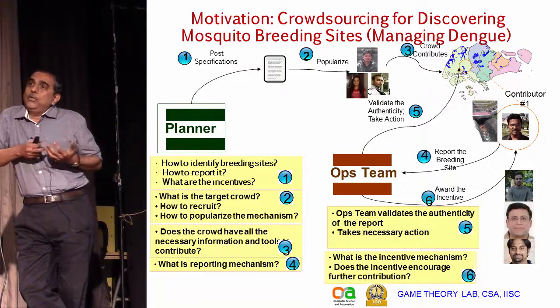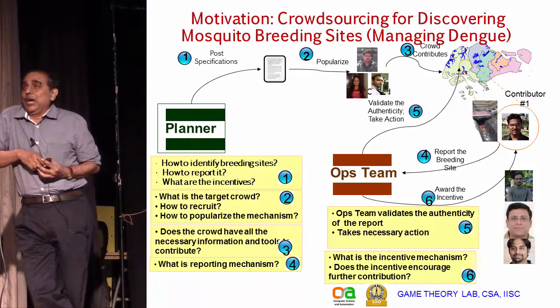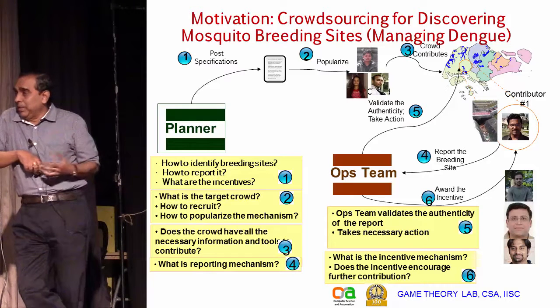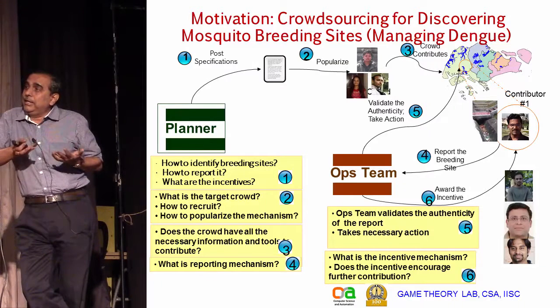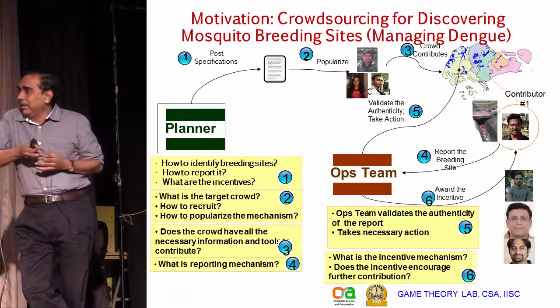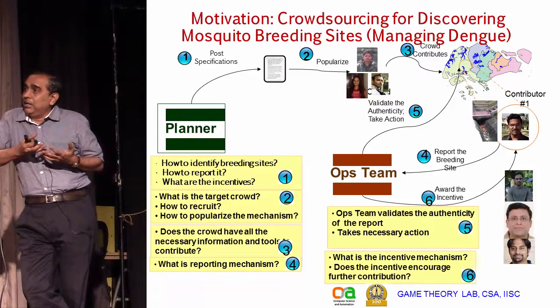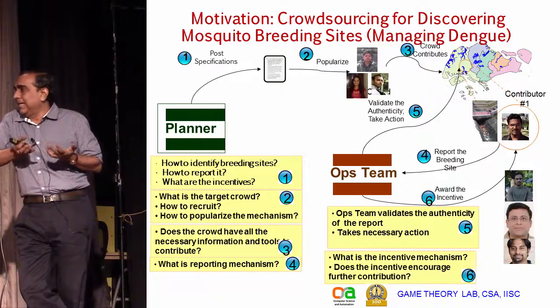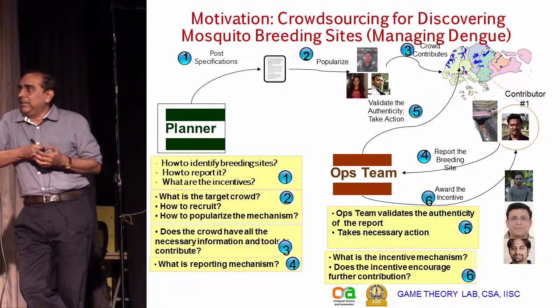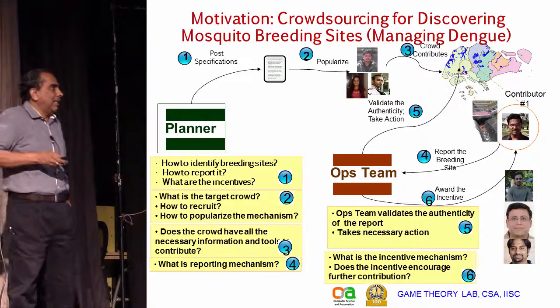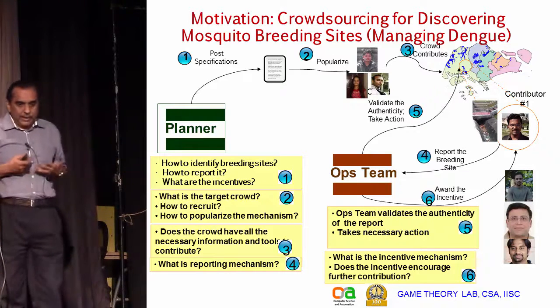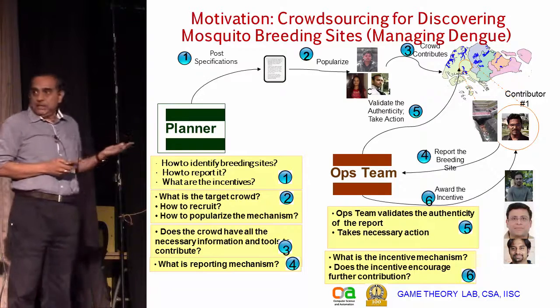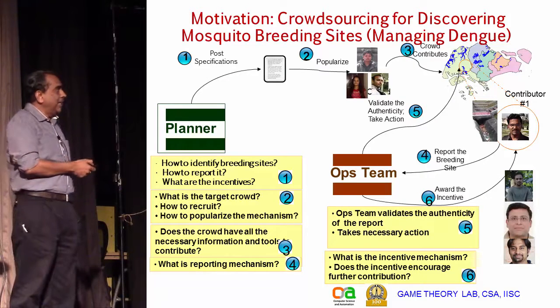But then how do you know where the mosquito breeding sites are? This may look like a very simple problem, but in a geographically distributed country, if you want to find out where the mosquito breeding sites are and what the intensity of each breeding site is, this information can be extremely useful for a healthcare service provider. It turns out that this has actually been done by some governments in a fairly systematic fashion, where there are many steps involved.